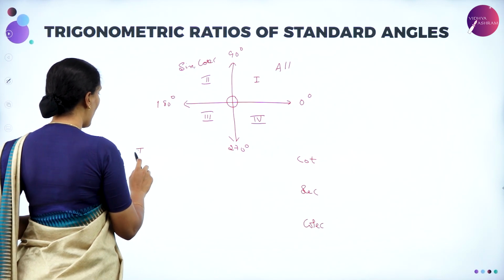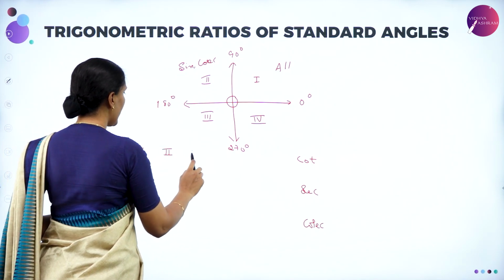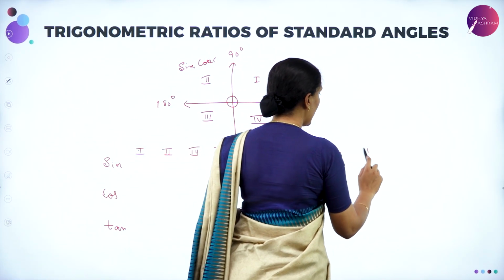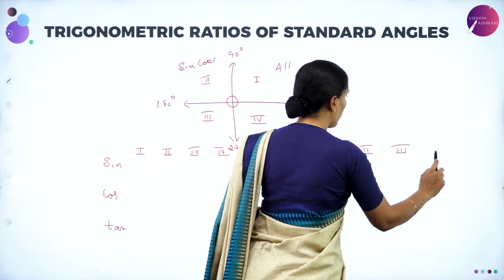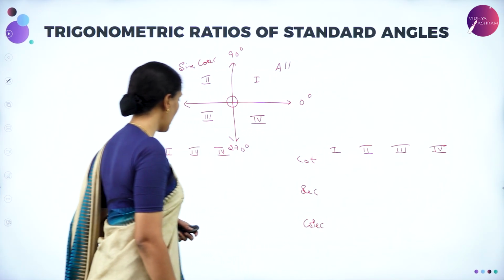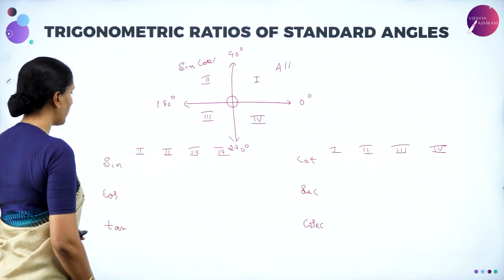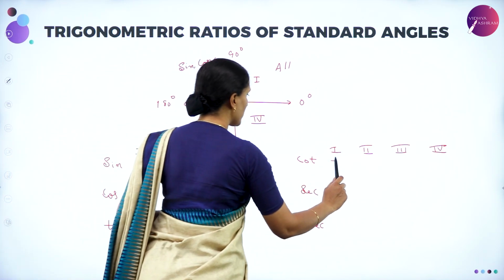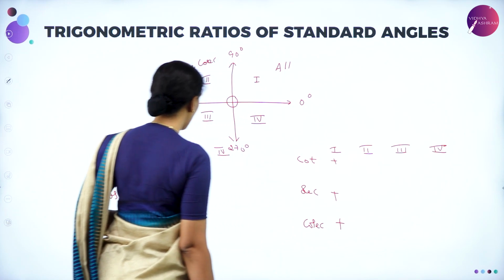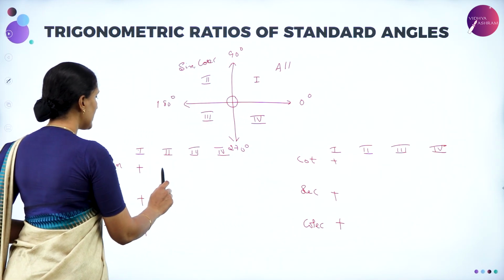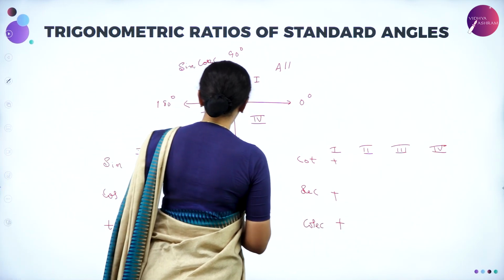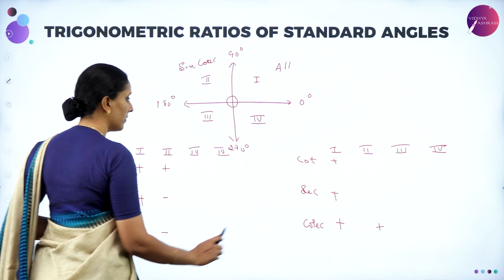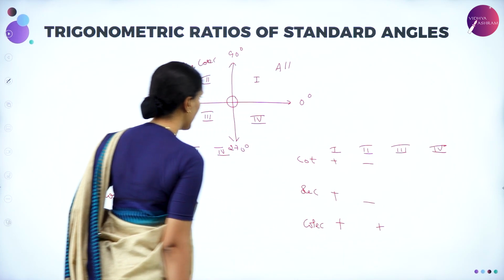So in the first, second, third and fourth quadrants, we can clearly see here that in the first quadrant all of them are positive. In the second quadrant, sine and cosecant are positive, which means all the remaining functions are negative.